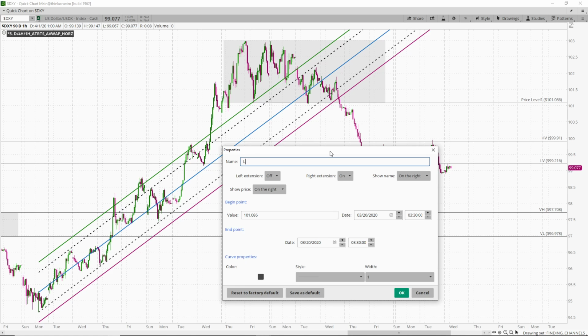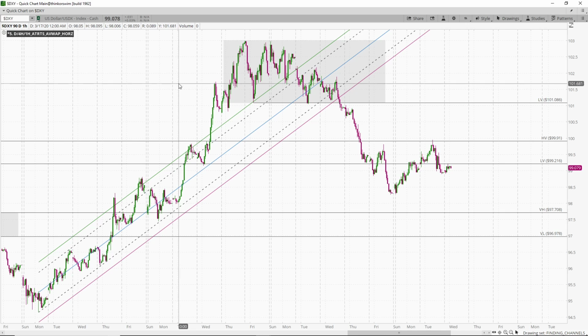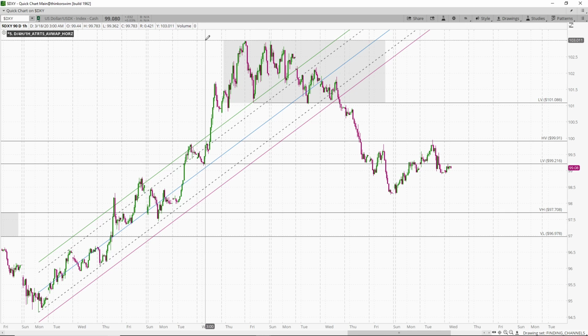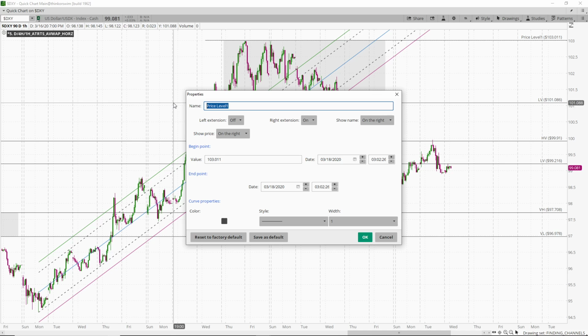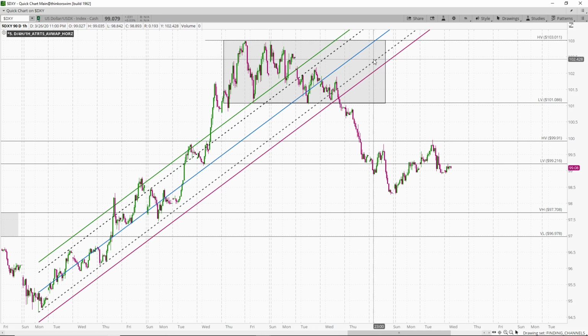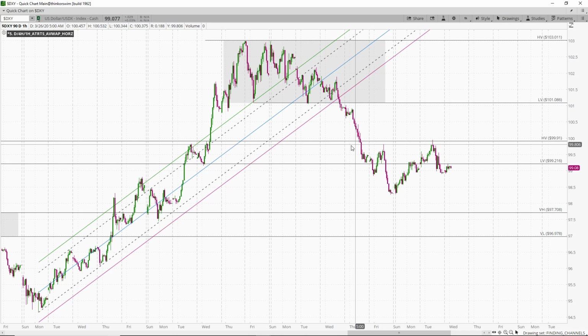This is the low value of the range, and this is the high value of the range. I'll explain why I do this as well, to see if this can assist in future trading or future levels.